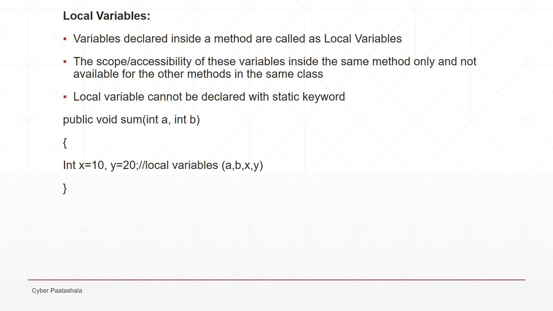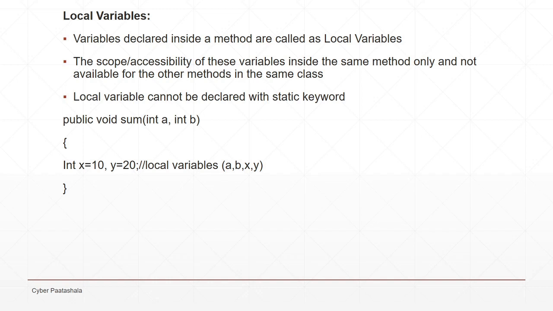Let us start with local variables. The variables declared inside a method are called local variables, and the scope or the accessibility of these variables is inside the same method only, and it is not available for the other methods in the same class. Let's say you have a class ABC. Inside that you have two methods, sum and mul. Inside sum you declared two variables, int a and int b, and inside mul you declared int x and y.